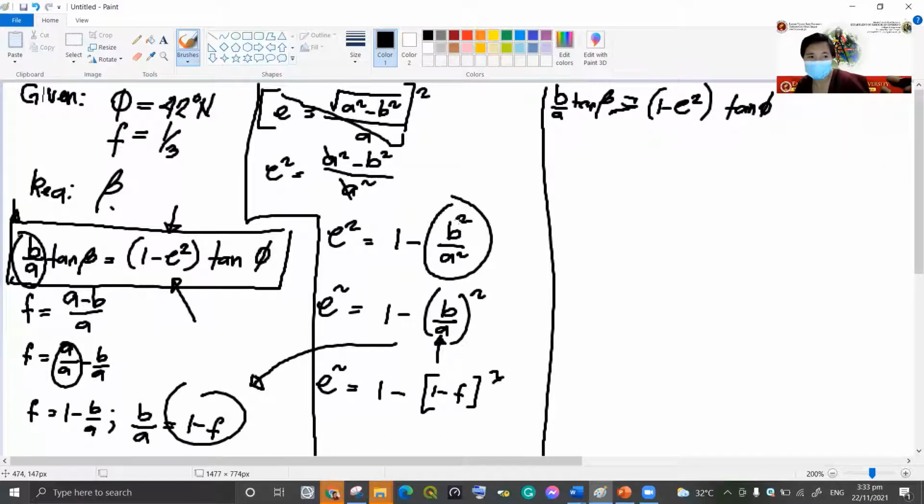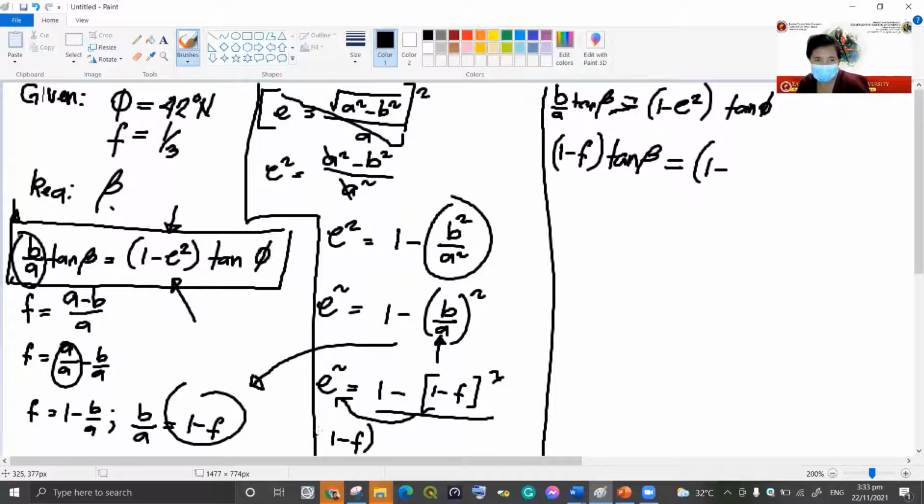In terms of flattening, b over a now becomes 1 minus f, and the value of e squared is 1 minus (1 minus f) squared. If we transpose this, 1 minus e squared is equal to (1 minus f) squared.